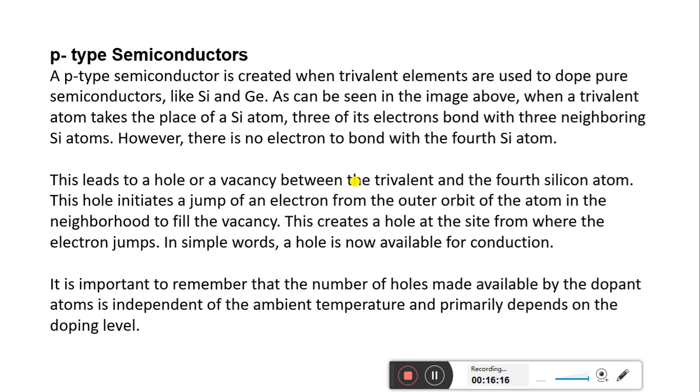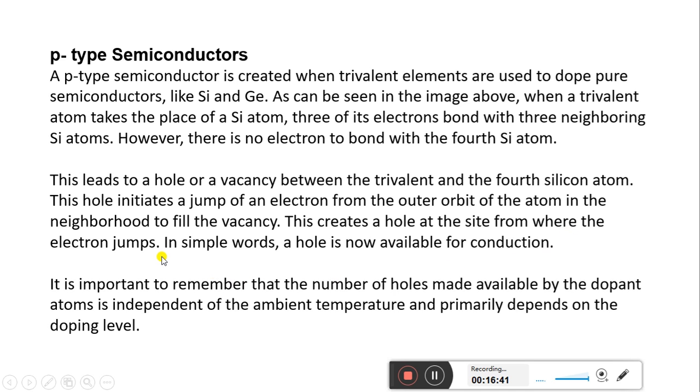So what happened? The neighbor atom electrons try to fill the vacancy of this hole. From the neighbor atom, one electron jumps and fills up this vacancy. So this creates a hole at the site from where the electron jumped.